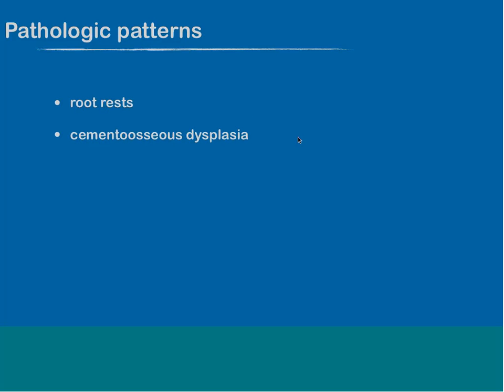So just check out for these cementous or cemento-osseous changes, because they are very common in the lower jaw. You can see even cementoma, which is a subgroup of cemento-osseous changes. You can see reactive sclerotic changes, which are normally a reaction to inflammatory changes in the bone.